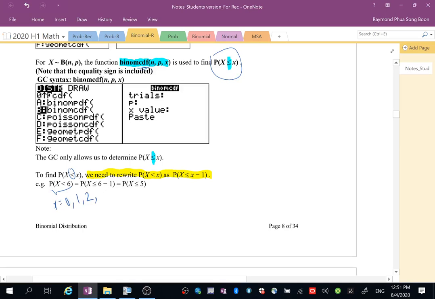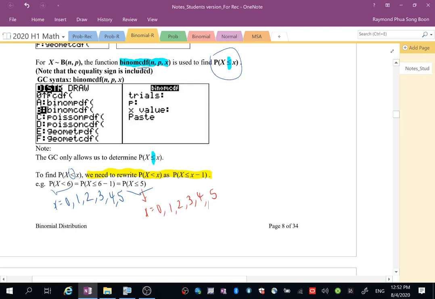How about this one? For probability X less than or equals to 5, the values that random variable X can take on will also be 0, 1, 2, 3, 4, and 5. So can you see that the values are the same for both probability X strictly less than 6 as well as probability X less than or equals to 5.